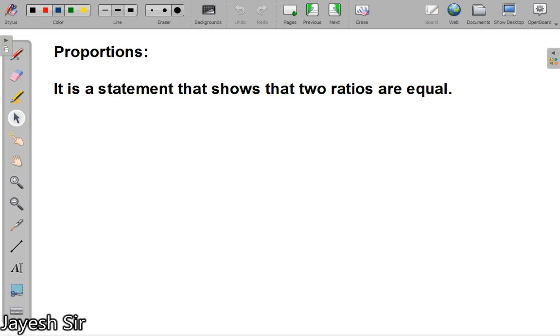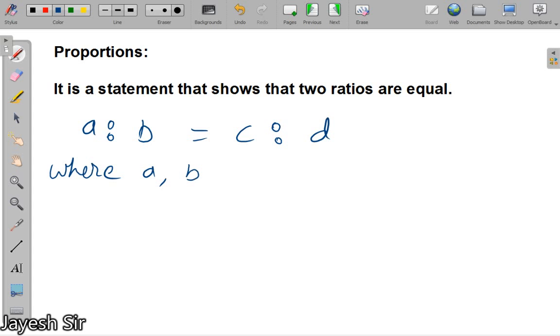Okay, so what is a proportion? It is a statement that shows that two ratios are equal. Okay, so how does it show that? It shows that the first ratio, A:B, is equal to C:D, where A, B, C and D are any integers.